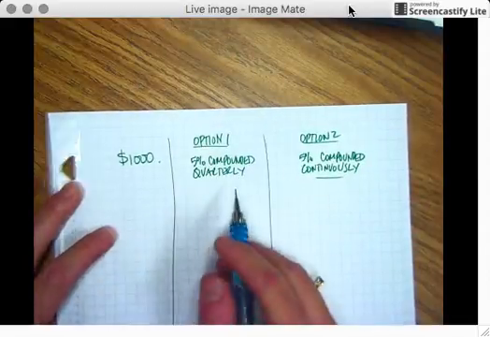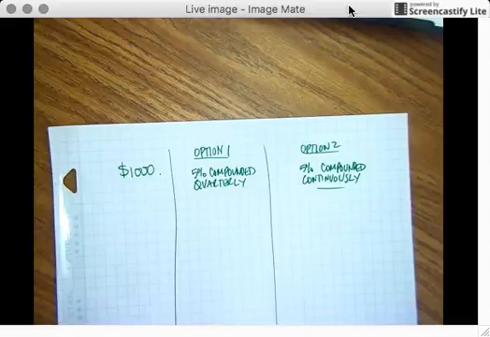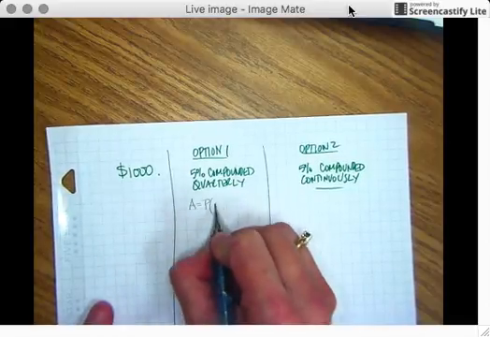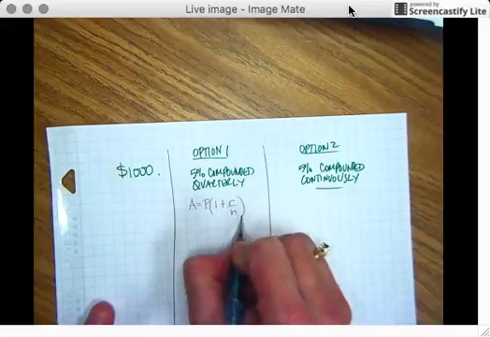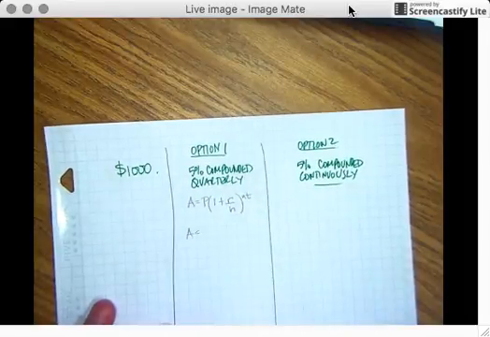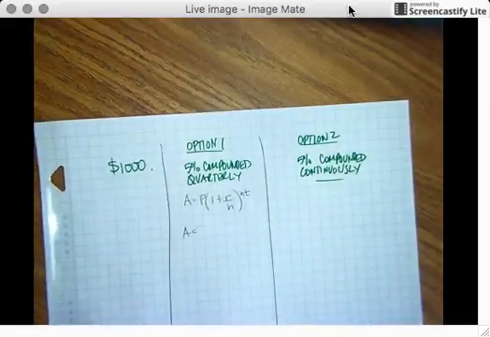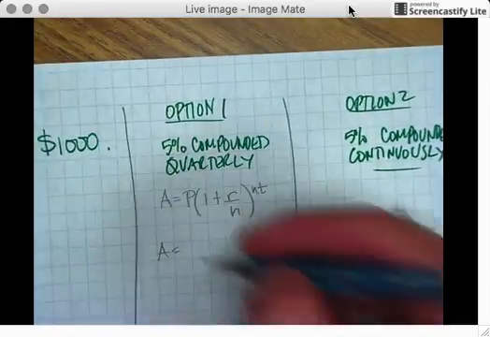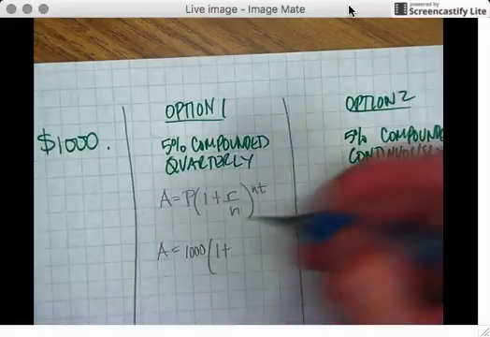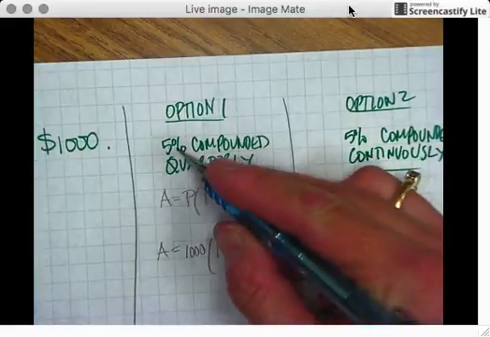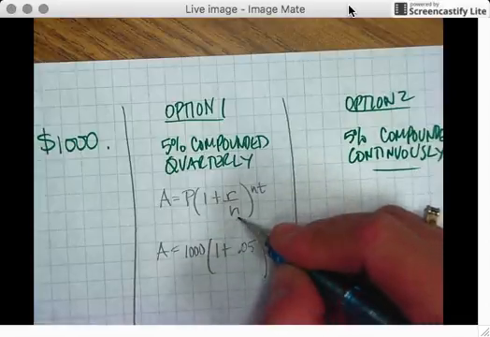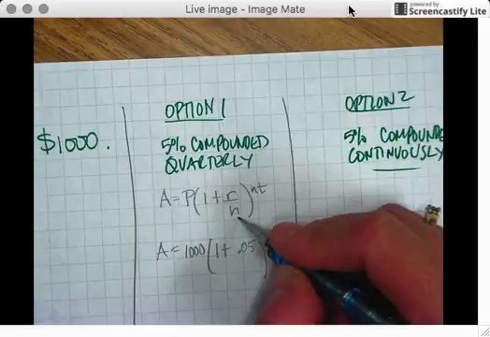All right, so compounded quarterly, I need the formula that looks like this. A equals P times (1 plus r over n) to the nt. A is my final amount. P is my initial principal, which is 1,000. 1 plus the rate as a decimal, so 0.05. n is the number of times it's compounded per year.